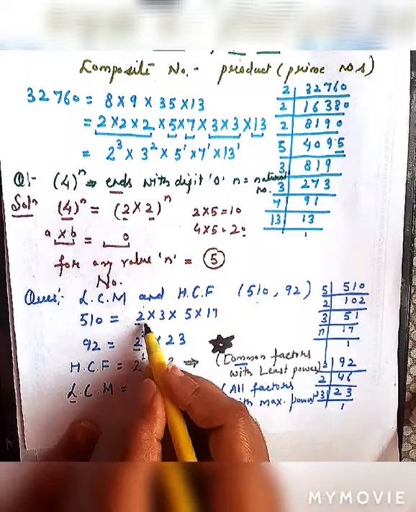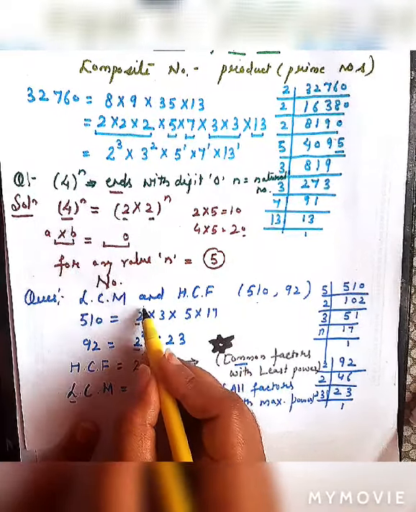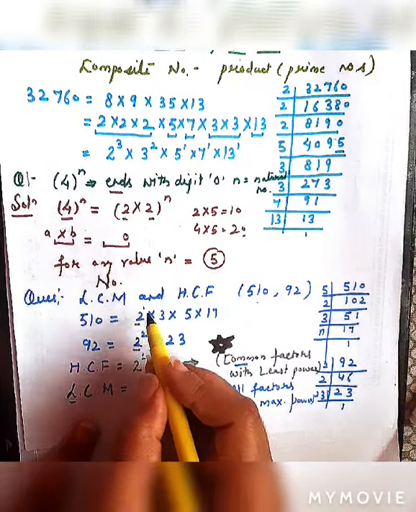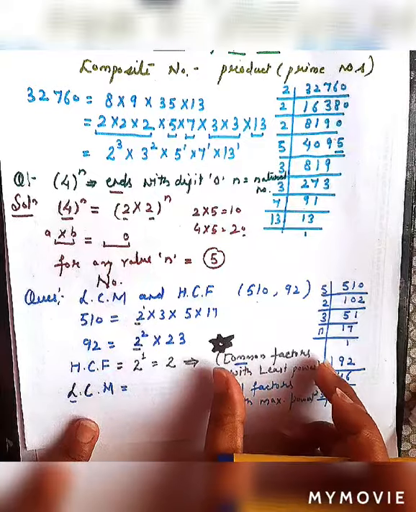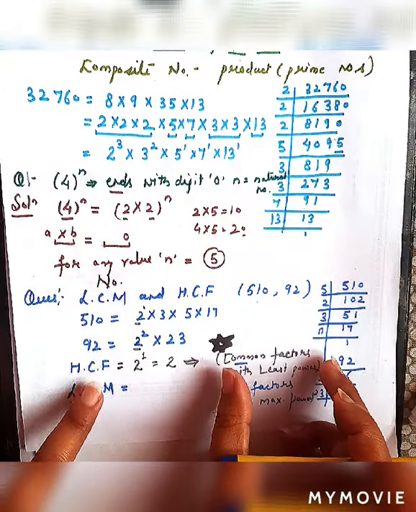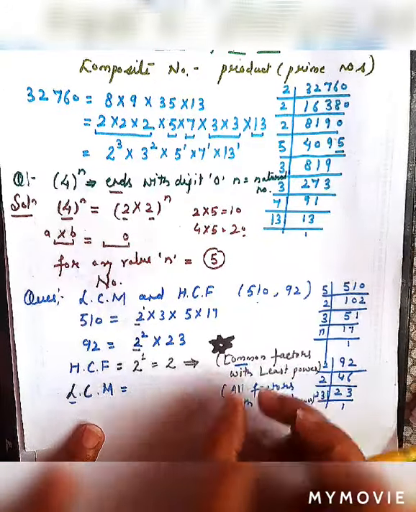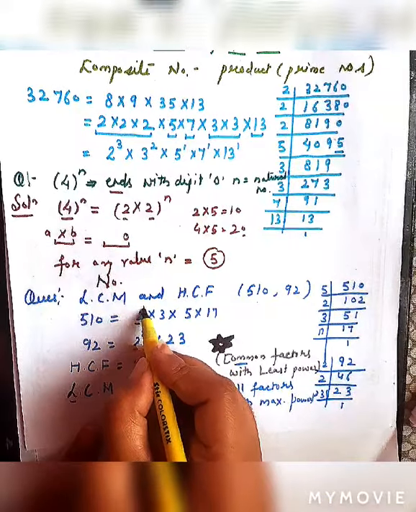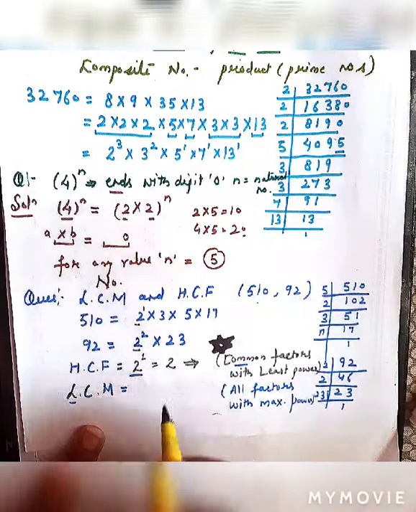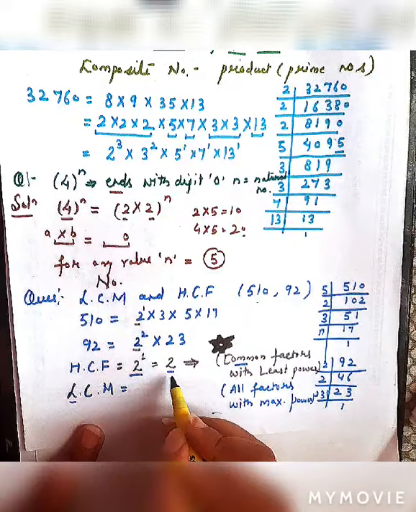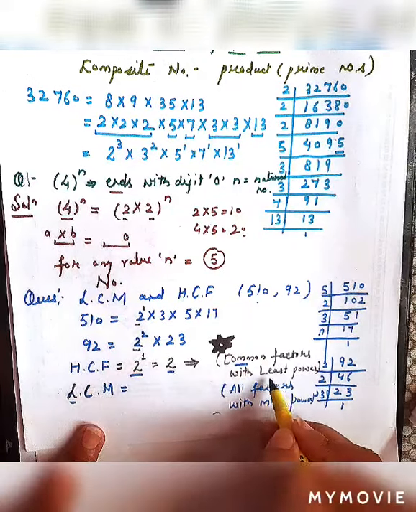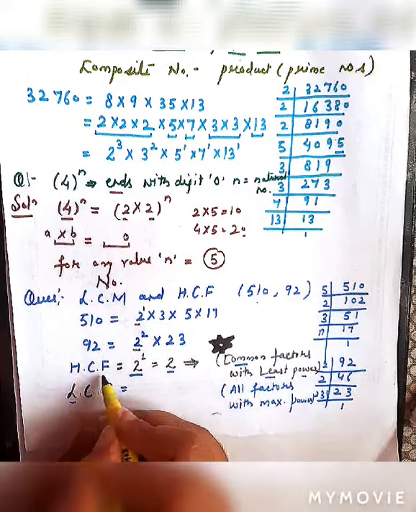The power is 1 here and 2 here, but in order to find the highest common factor, we need the least power of that common factor. So the least power is 1, so 2 raised to power 1 is the answer. We have not written 2 raised to power 2, because we are considering least power in order to find the highest common factor.